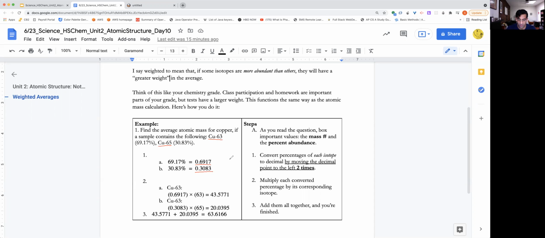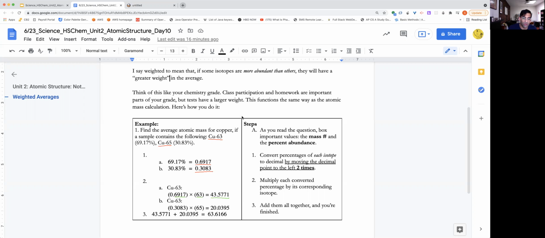Pretty simple so far. Now what I'm going to do is take those converted values and multiply each one by its partner isotope, let's say. So we know that 69.17% of this copper sample is copper 63. So I'm going to take my 0.6917 and multiply it by 63. And this is the decimal that I get, 43.5771.